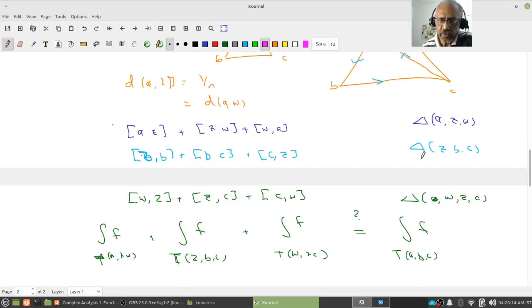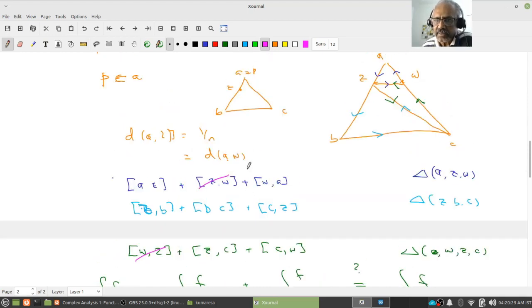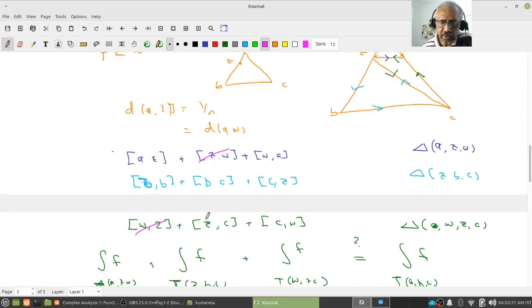Therefore, ZW and WZ get cancelled. The next one, let's look at ZC. For this triangle, I'm going to travel from C to Z, whereas for this triangle, I'm going to travel from Z to C. Therefore, these two cancel.